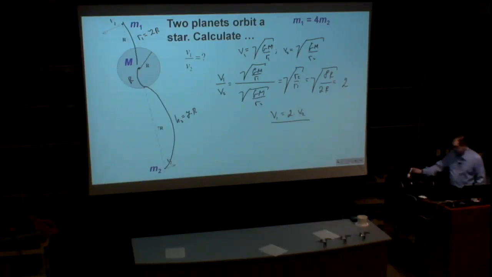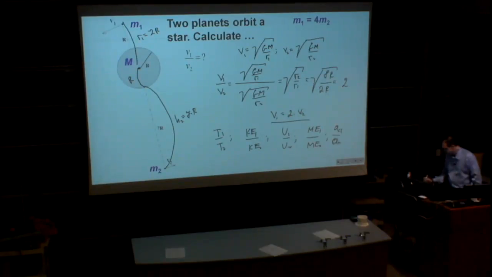Any questions? And of course, you can apply this type of reasoning to calculate any type of ratio for the periods, kinetic energies, potential energies, mechanical energies, or else accelerations, forces.